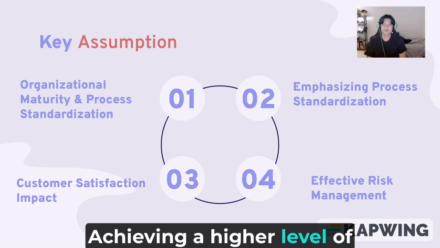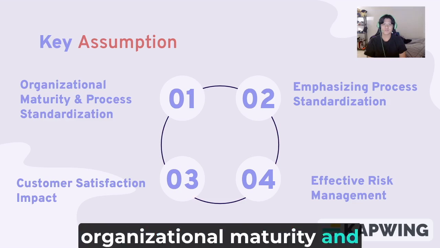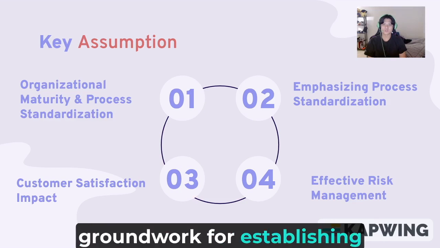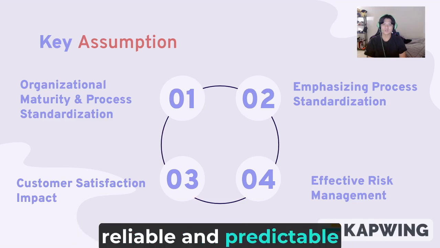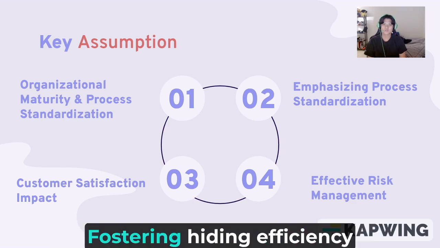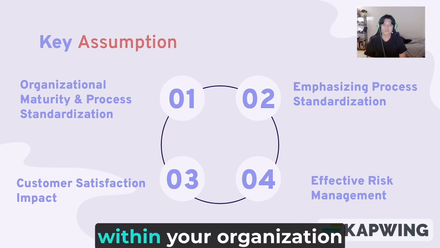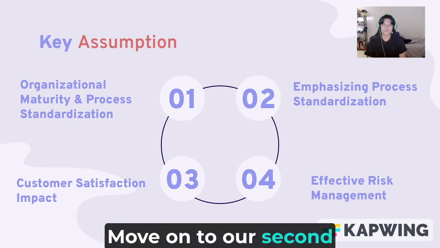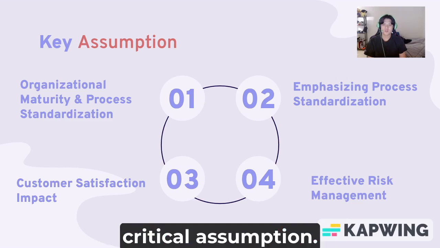Achieving a higher level of organizational maturity and process standardization lays the groundwork for establishing reliable and predictable processes. This commitment ensures a well-structured operation, fostering hidden efficiency within your organization landscape. Move on to our second critical assumption.